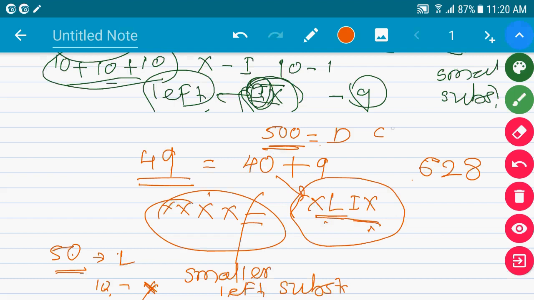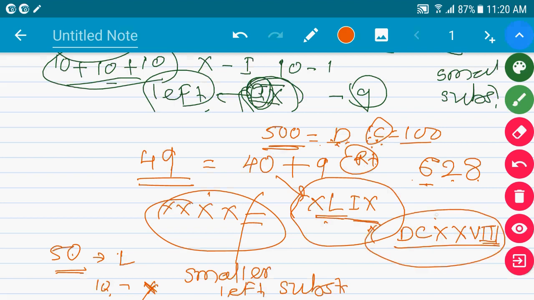D. And for 100, I use C. Now I have to add D plus C. So should the smaller number be at right or left? Right, because I am going to add them. So this 600 can be written as DC. And for 20, I will write XX, and for 8, I will write VIII, 3 times I. So this is the number 628.